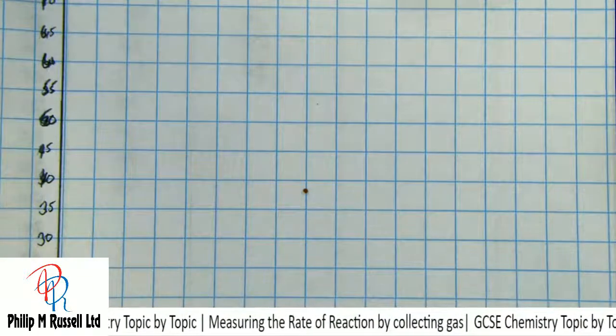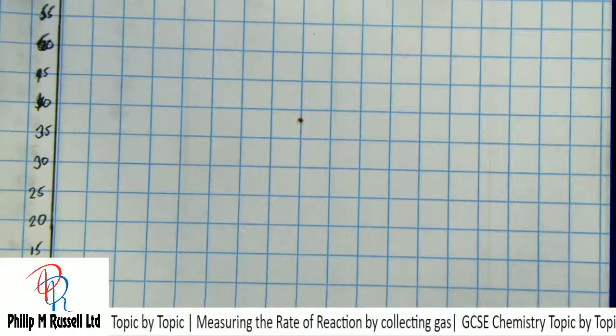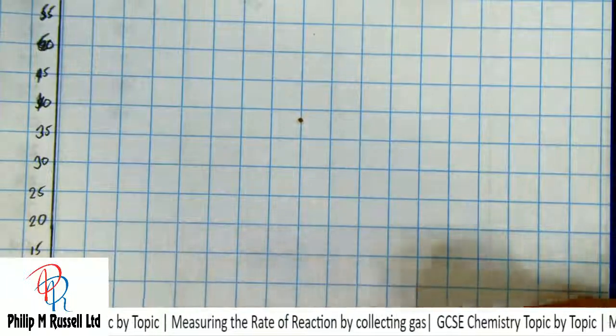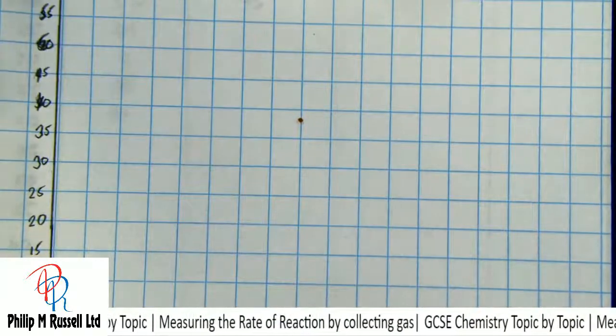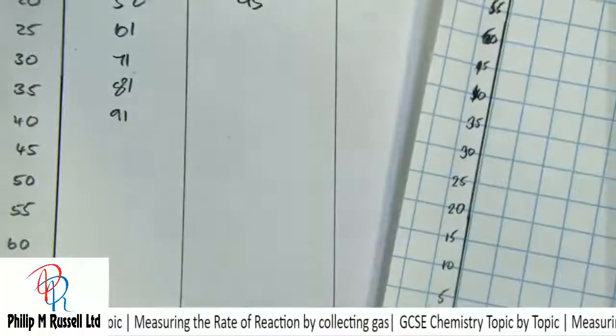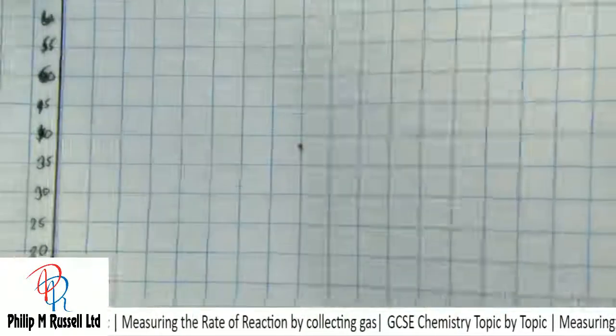Yeah, right, so I have sorted my line out. I didn't plan it really well, and going across we've got our time, and looking at our times we've got to only go up to 40 seconds.